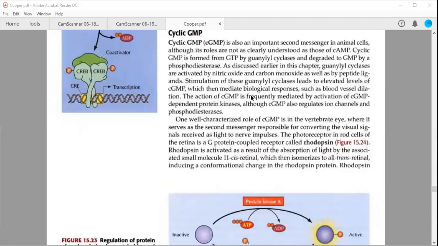Here it is the opposite of what we just studied: the cyclic AMP concentration increases, it activates protein kinase A, and protein kinase A phosphorylates different proteins or transcription factors in the nucleus. The role of cyclic GMP in vision, in the eye, is completely different. The concentration is decreased by the phosphodiesterase enzyme, and this decreased cyclic GMP influences the associated ion channels so that you are able to see things.